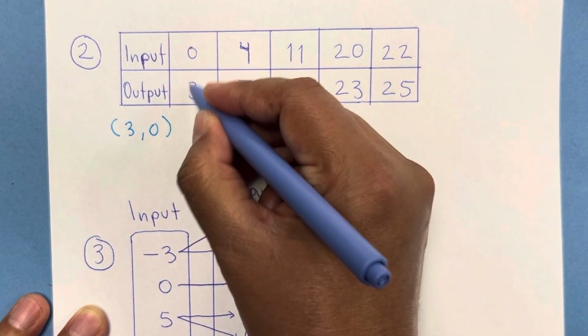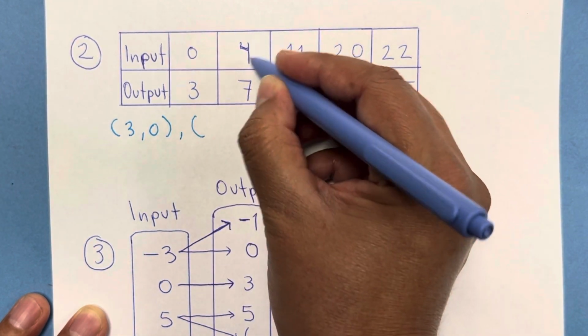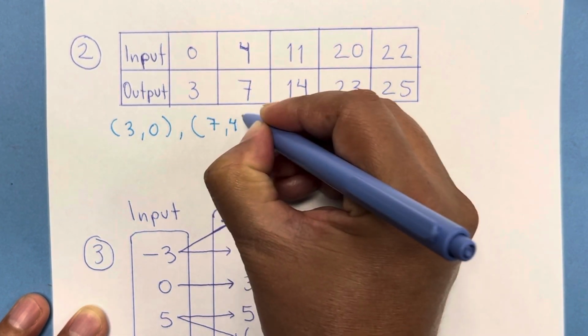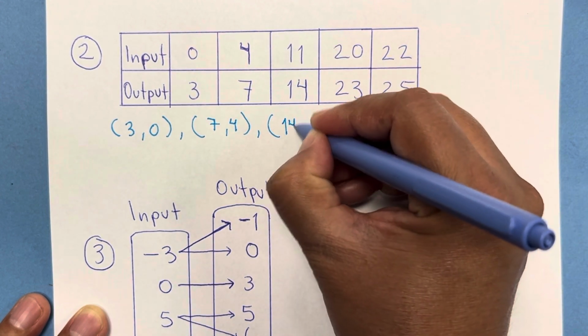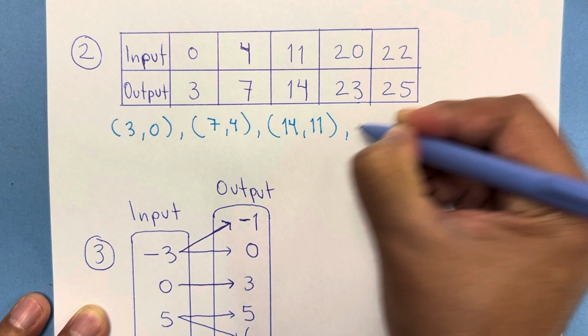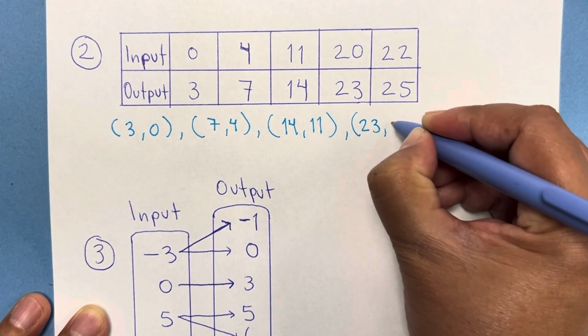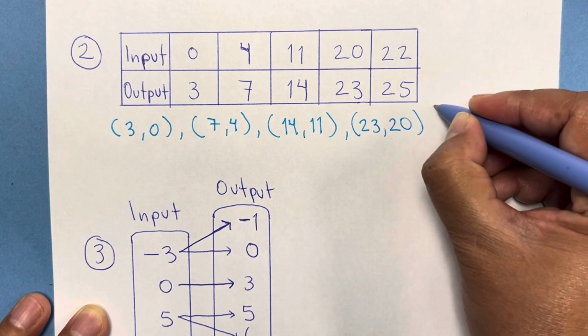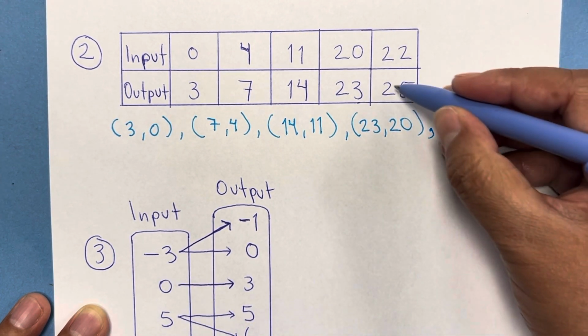So we switch them, get the output first and then the input. The next one is 7, 4, 14, 11, 23, 20. And finally, 25, 22.